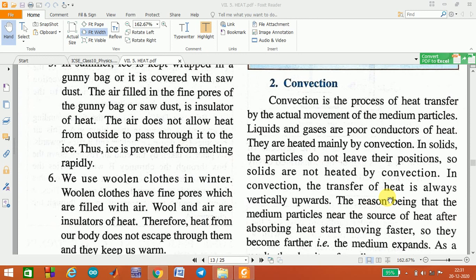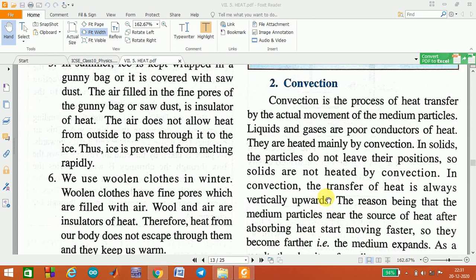So solids are not heated by convection. As the particles of solids are very tightly packed, that means the intermolecular space between the solids is very less, so they cannot move. That's why convection is only shown in liquids and gases.